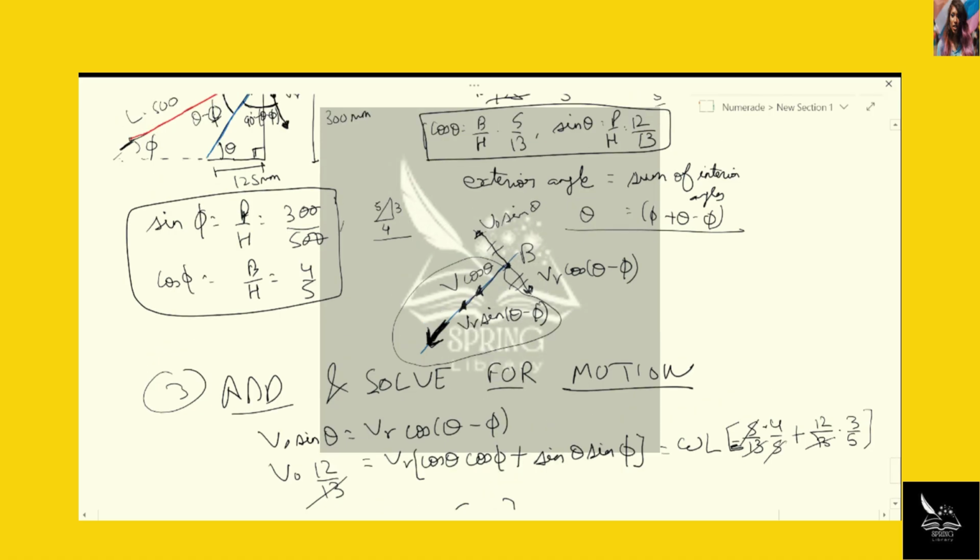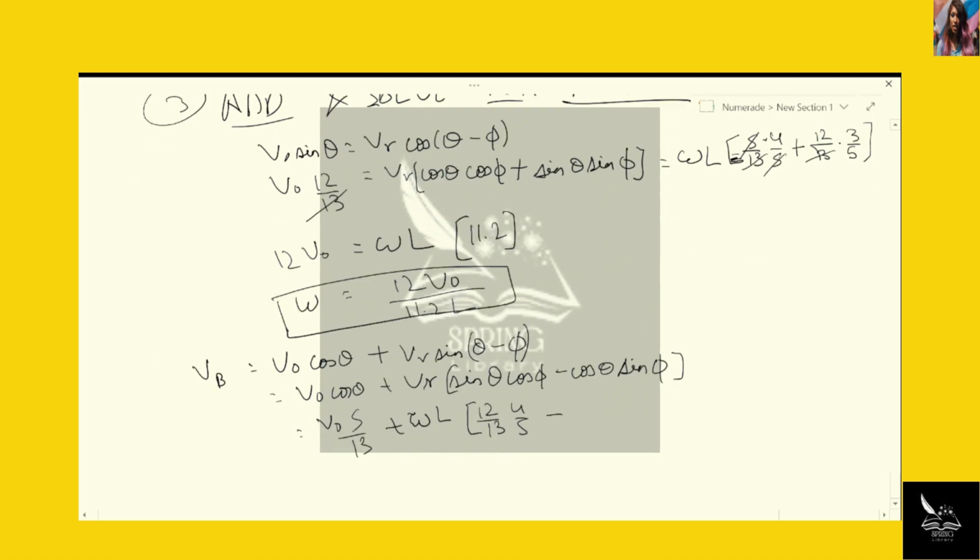Yes. Okay. So cos theta is 5 over 13 and sine phi is 3 over 5.